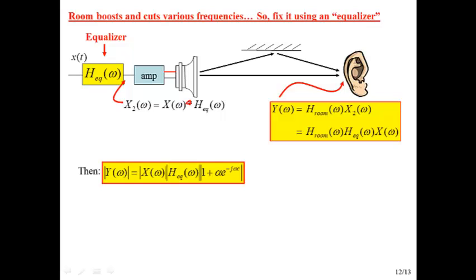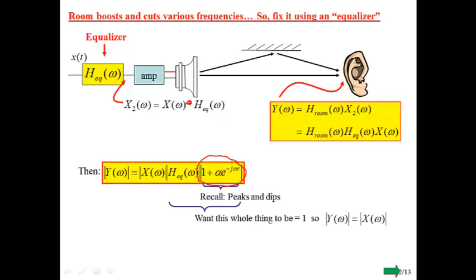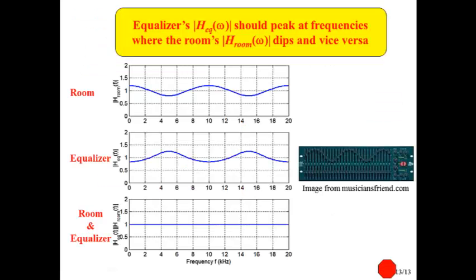So now the idea is this. We take the magnitude of that and we get the product of three magnitudes. Remember that we've seen that this creates dips and peaks, and what we'd like to happen is for this thing to dip when this peaks, and for our equalizer to peak when the room dips, so that the whole thing ends up being equal to 1.